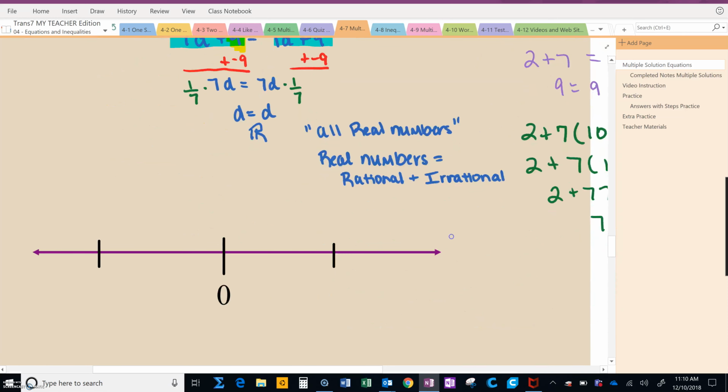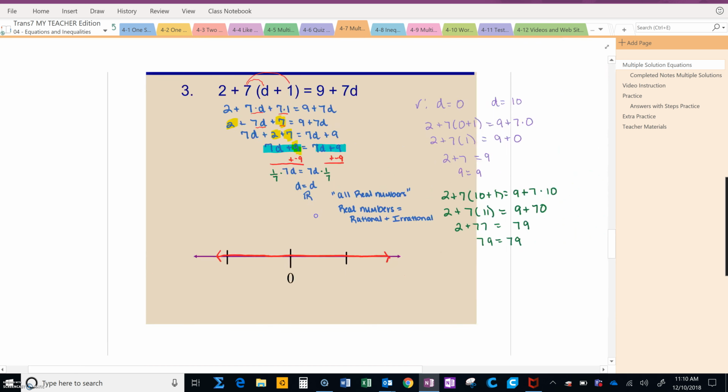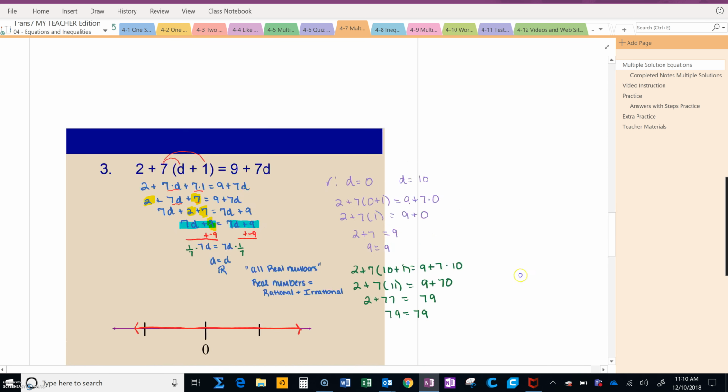And the way that we graph this, when we come down to the graph, is on the number line itself, not above it, but on the number line itself, we put a line with arrows on both ends. And that lets us know that every number on the number line will make this a true statement. So we have 3 options when we solve our equations.